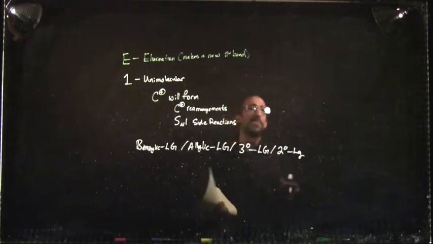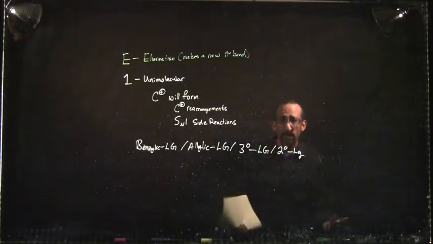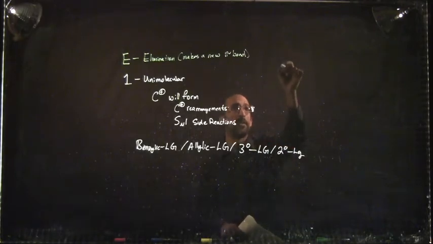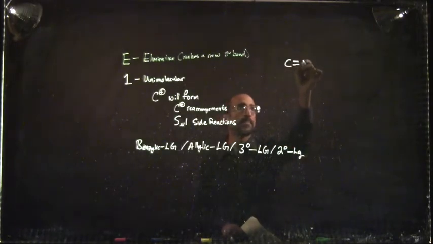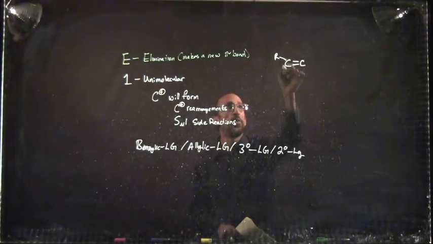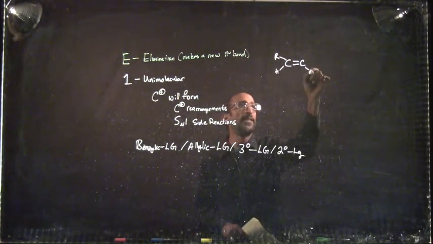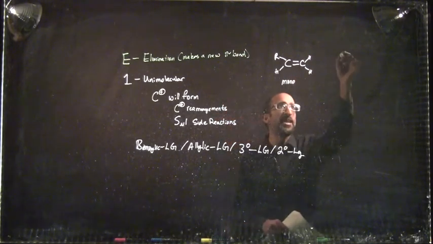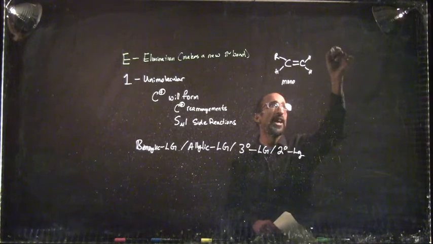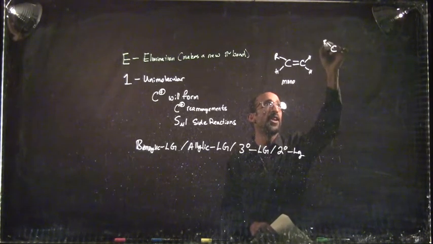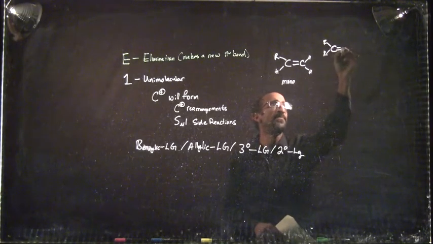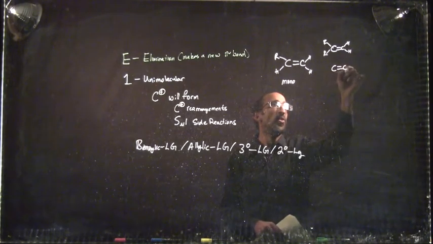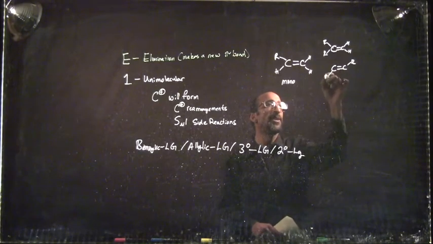Now we want to compare the stabilities of different alkenes. We're going to look at 4 different scenarios. We can have what's called a monosubstituted alkene, where I have 3 hydrogens off of it. We can have a disubstituted alkene, and there are 2 types there. I can either have 2 R groups on 1 carbon, or 1 R group on each carbon.